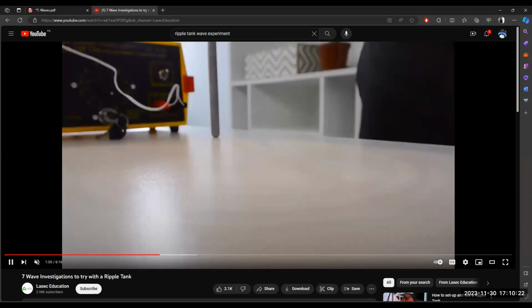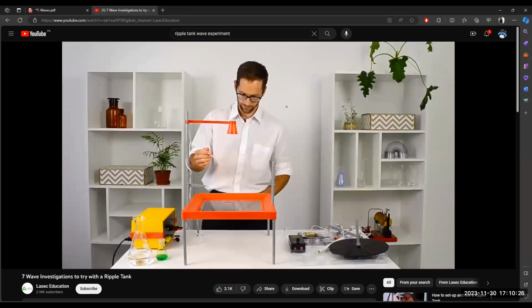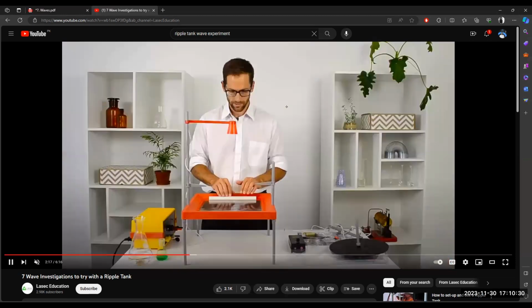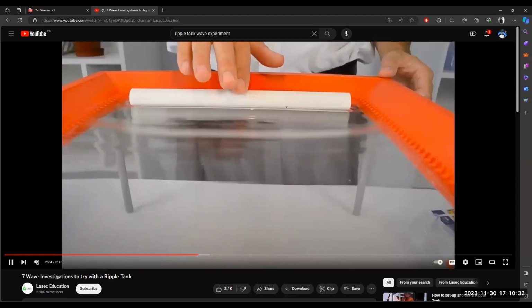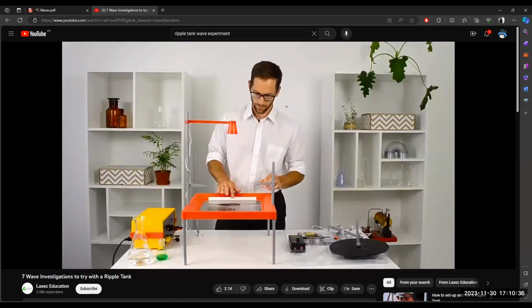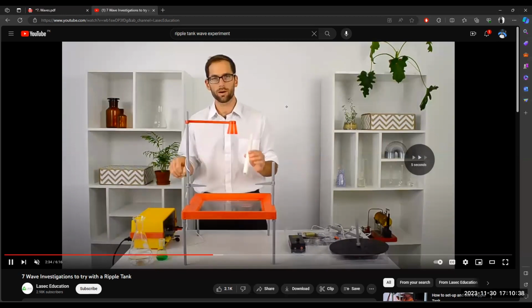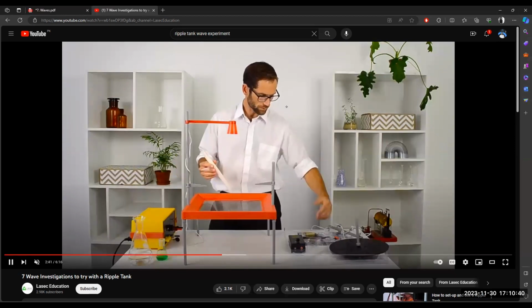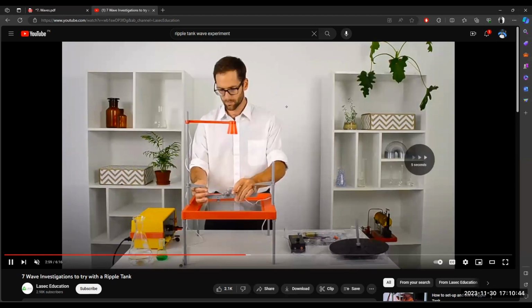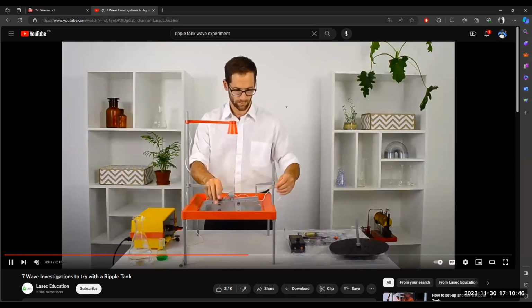And you can see there is a reflection or a shadow of those waves on the table. And you can generate linear waves also. So basically it depends upon the situation what type of waves you want to generate. So simply we use an electric motor.